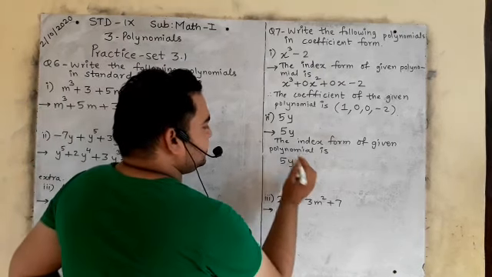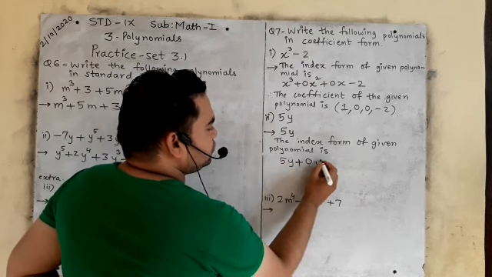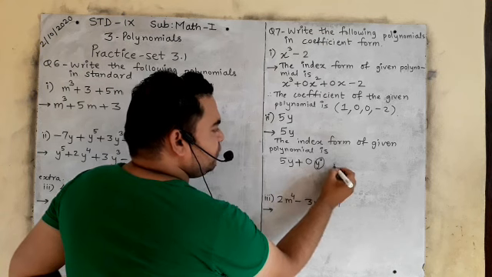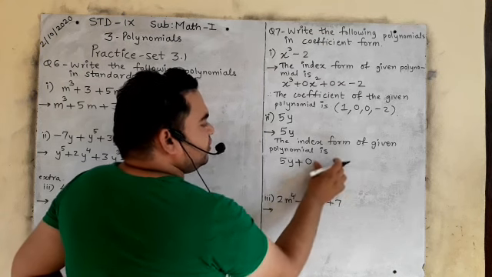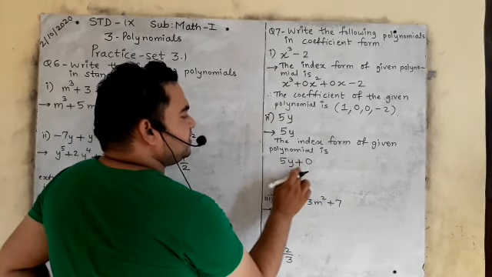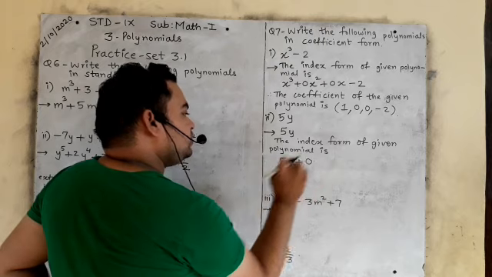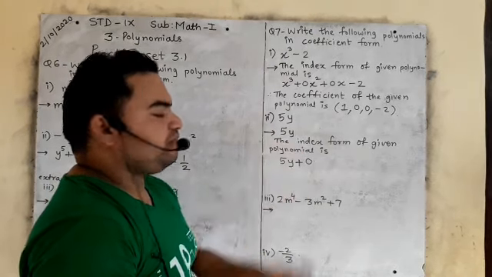So 5y raised to 1 plus 0. Here y raised to 0 has the value 1, so 0 ones are 0. Therefore y raised to 0 cannot be written. So here 5y raised to 1 was there plus 0 y raised to 0. So this is now the index form of 5y.